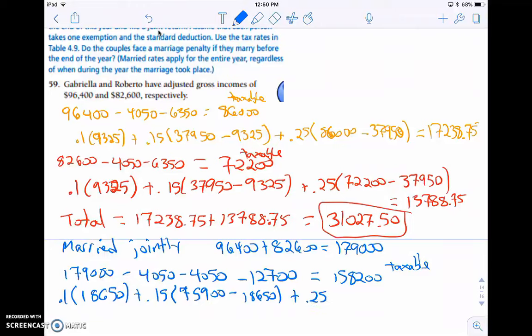But they're above $75,900, so we go up to the next bracket, which is $153,100, and they're still above that. So we take $153,100 minus $75,900. We actually have to go up to the 28% bracket.